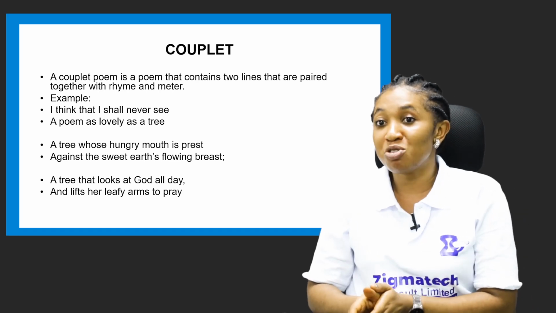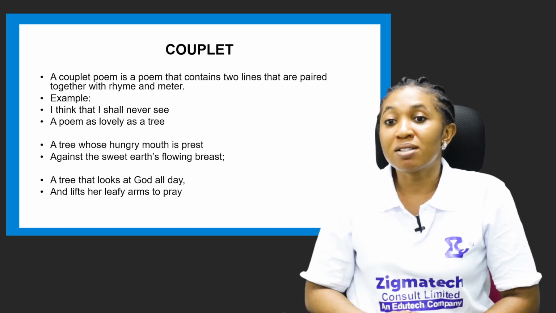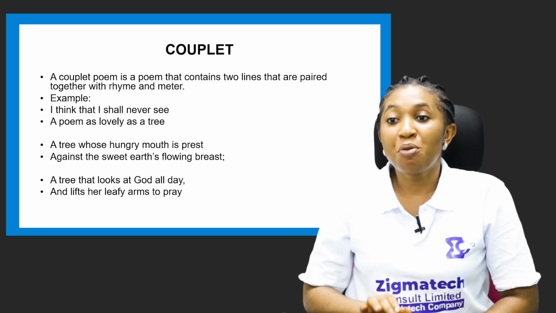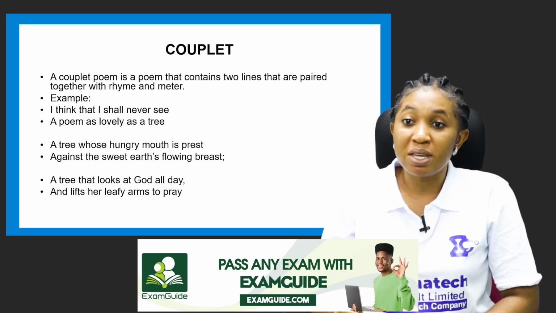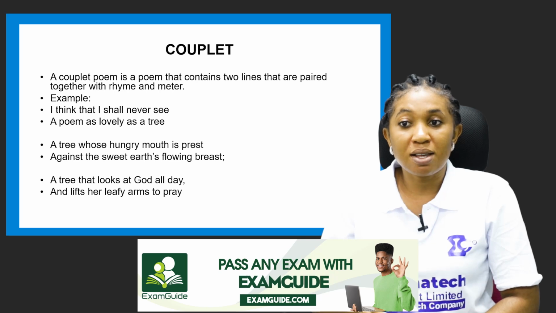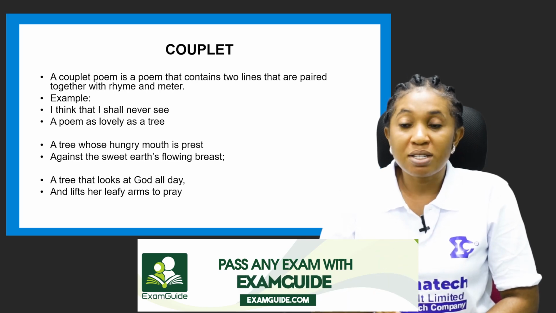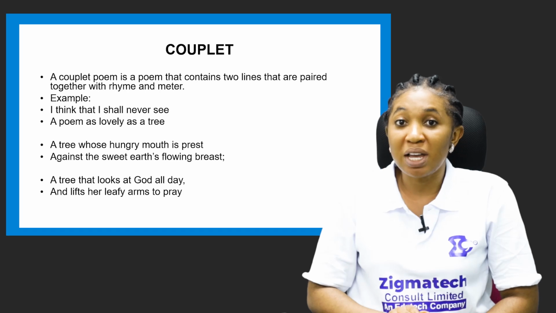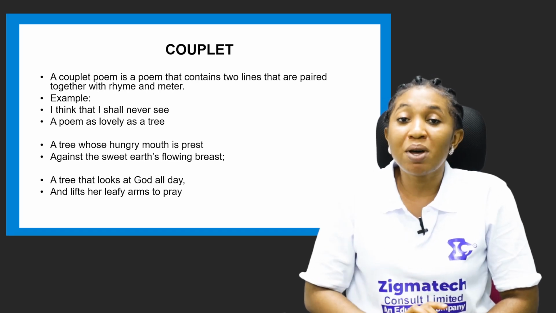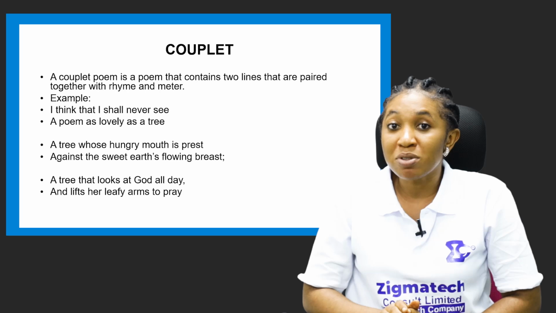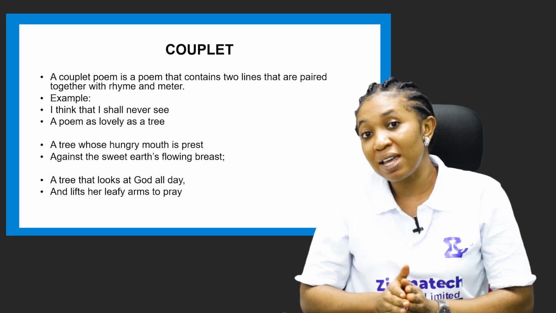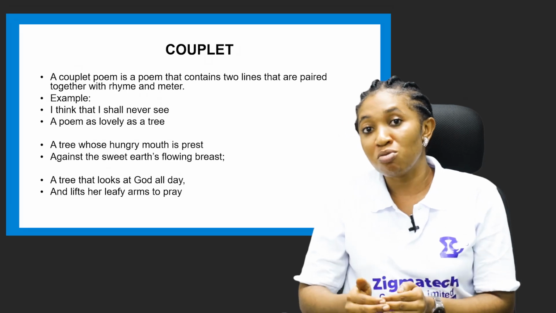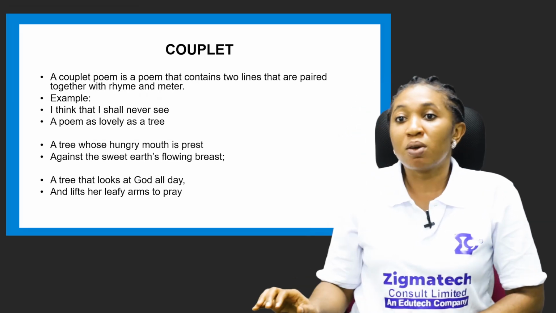Then looking at the second stanza, it says pressed and breast. The words pressed and breast rhyme, so we can name them BB. And then the last stanza says day and pray. Day and pray do rhyme, so we can give them CC. So one thing about couplet is that it usually has end rhymes. So the words at the end of each line rhyme with each other. Okay.